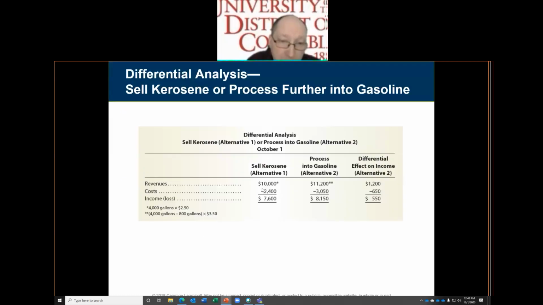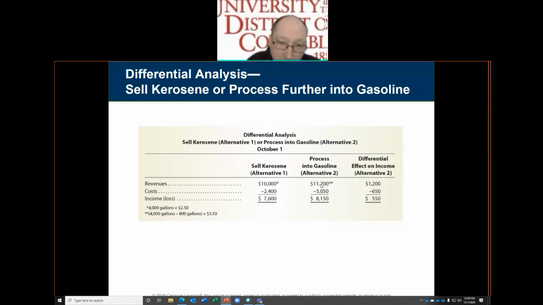So let's look at the differential analysis. Revenue for kerosene, $10,000 minus cost, $2,400 equals $7,600. For gasoline, $11,200 revenue minus $3,050 for cost equals $8,150. The differential analysis, difference in revenue is $1,200.